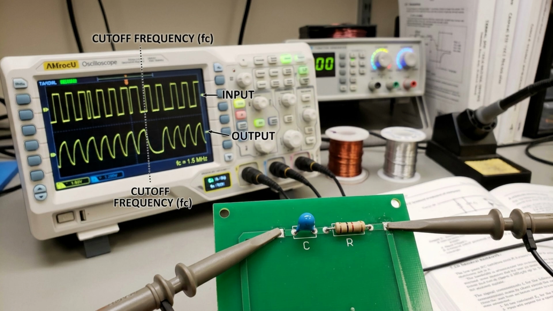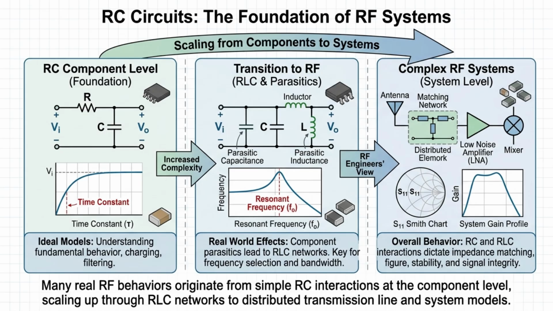This determines how fast a circuit can respond to changes in signal, which directly affects bandwidth and signal integrity in communication systems. Understanding RC circuits is essential for RF engineers because they form the first step toward more complex RLC and distributed systems. Many real RF behaviors originate from simple RC interactions at the component level.